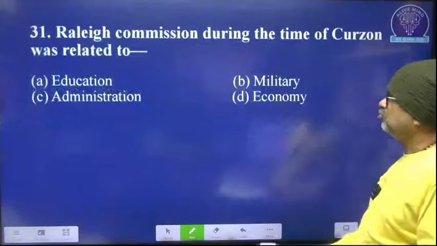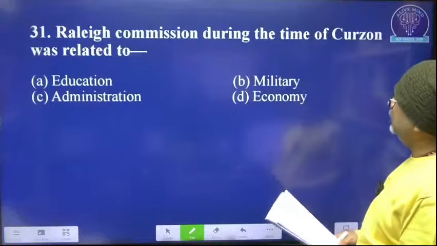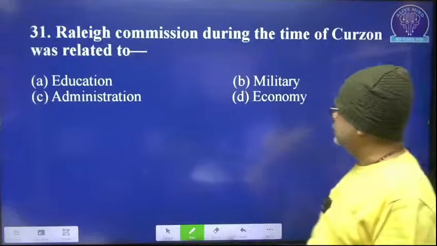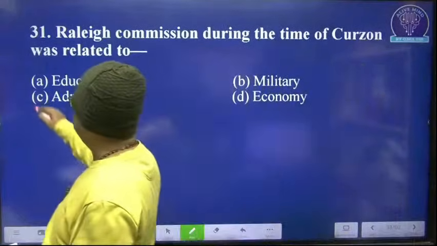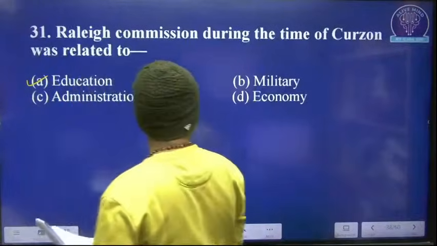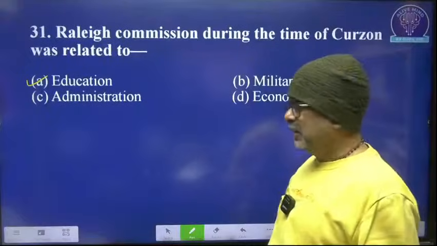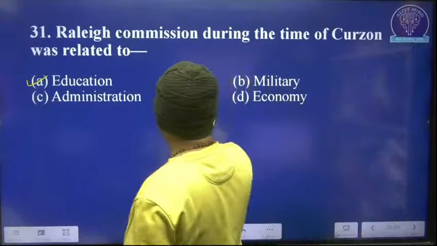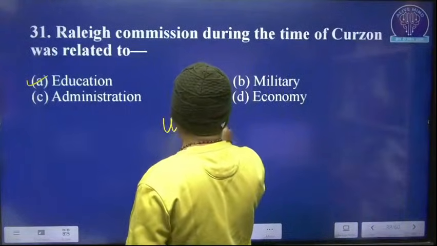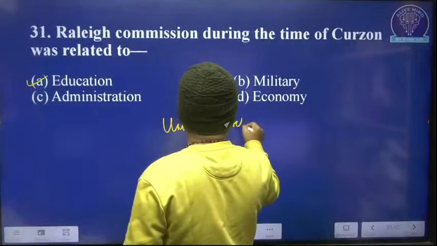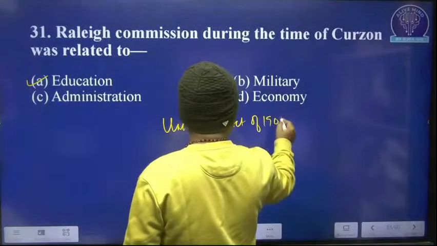30C. Raleigh Commission during the time of Curzon was related to education, and this led to the University Act of 1904.